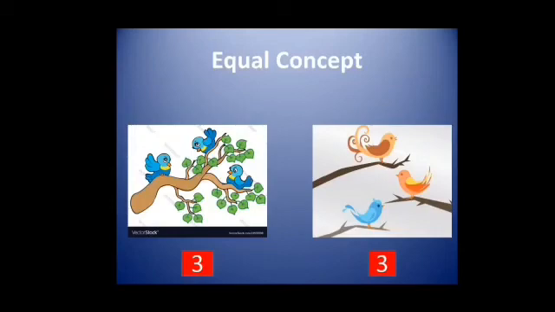Hence, in both the images there are equal number of birds, which means both the groups or both the numbers are equal. Children, there is a symbol to represent equal. When we draw 2 sleeping lines, one below the other, it indicates the equal symbol.